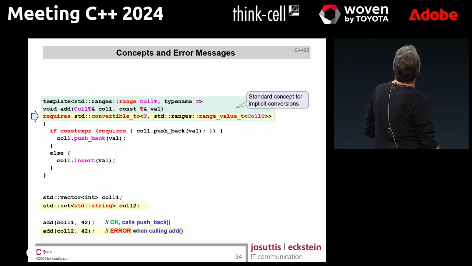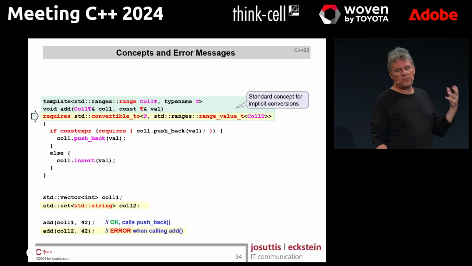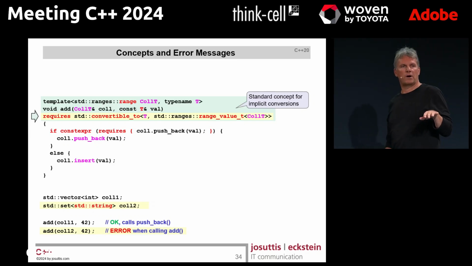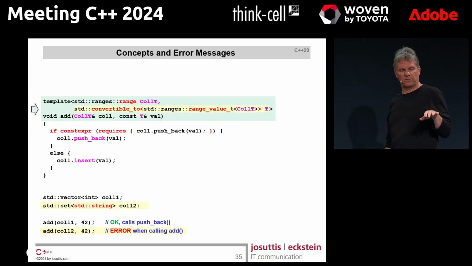Can we somehow use this as a direct constraint for template parameters or even for auto? Yes, we can. Even if it has multiple template parameters, we can apply them to one single template parameter, provided we pass all the others.